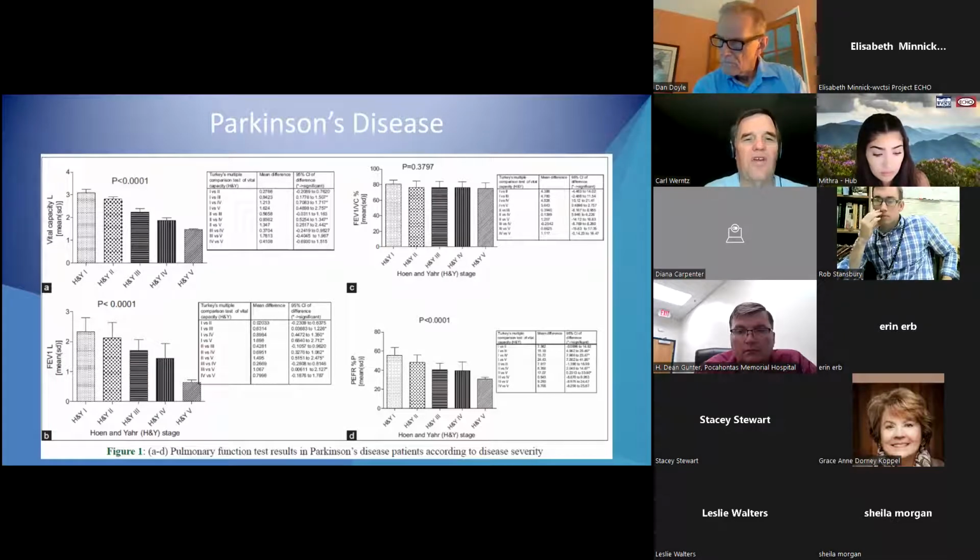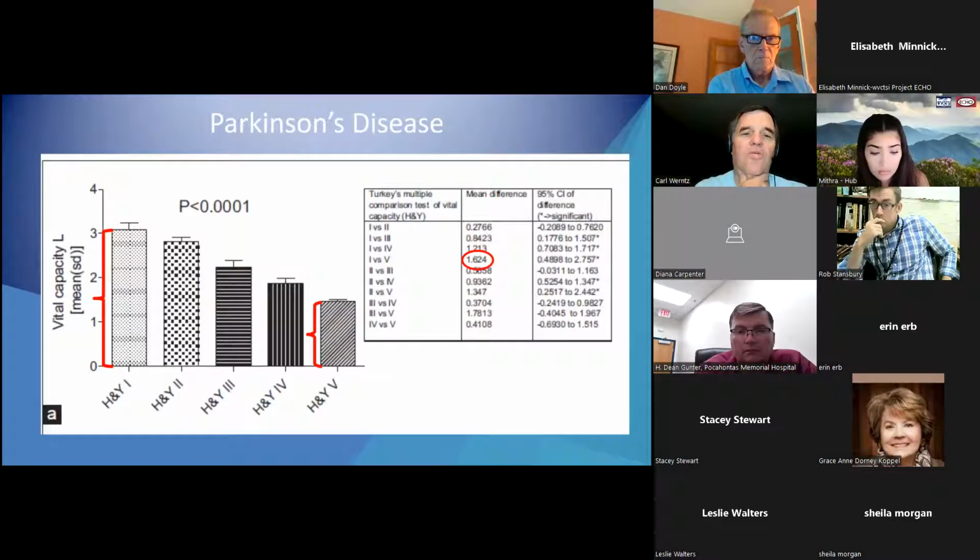It's zoomed in on the next screen, where they describe a 1.64 liter decrease in vital capacity between 1 and 5. You'll notice also that the ratio, in the right upper corner, doesn't change across severity. So it affects FVC, but not really FEV1. The ratios stay consistent all the way across, no matter how bad their disease gets.